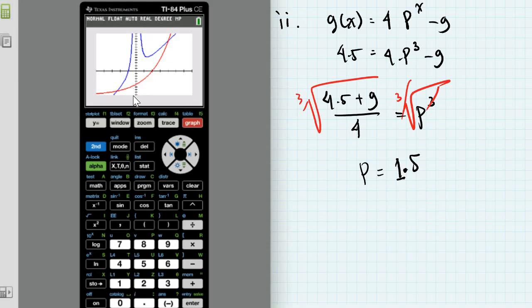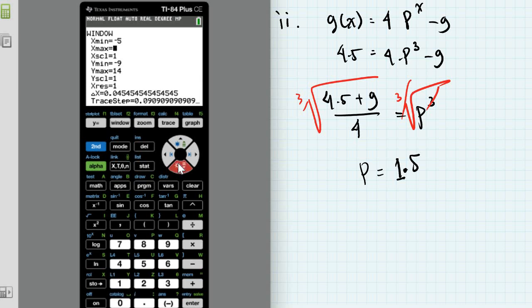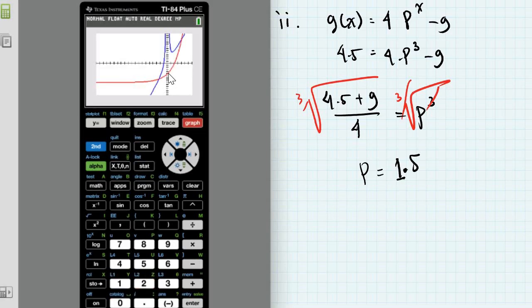I suspect that the asymptote is down here. Let's change the window of the y min to, let's say, negative 15, and then x min, let's say, negative 20. Just want to see the pattern. Okay, here's the asymptote. Can you see it?